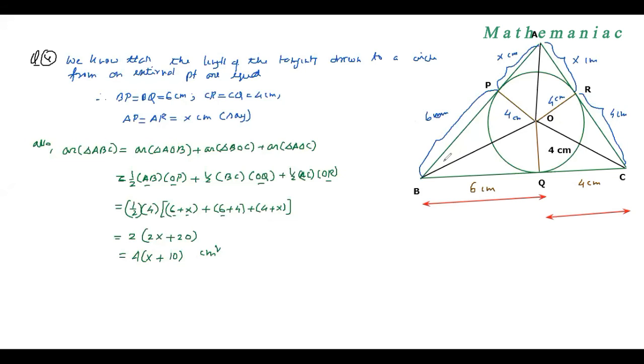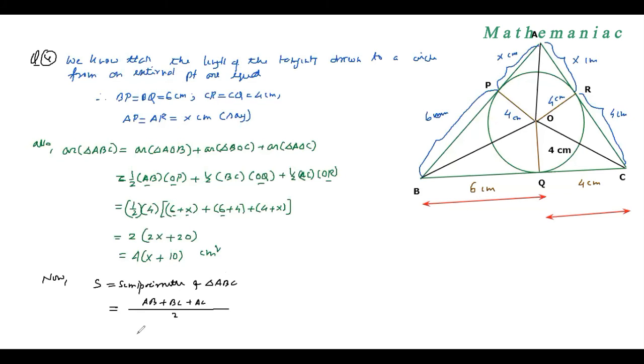So for Heron's formula we need the semi-perimeter. So now we'll be writing. Now S is what? Semi-perimeter, right? Semi-perimeter of triangle ABC. Now semi-perimeter means sum of all the sides divided by 2. Sum of length of all the sides divided by 2.